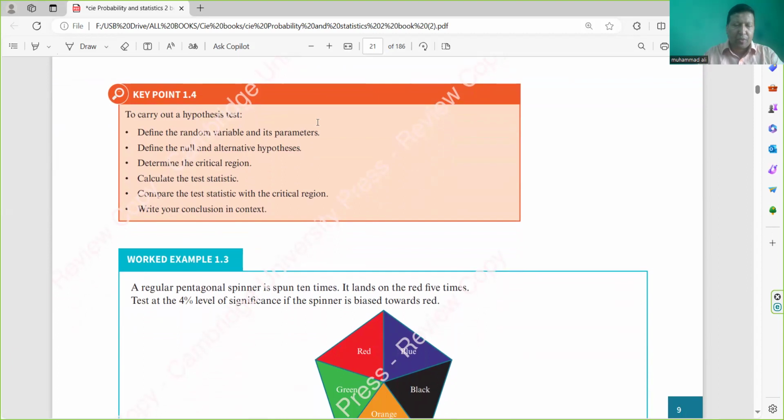Second, define the null hypothesis and alternative hypothesis. Third, determine the critical region. Fourth, calculate the test statistic. Fifth, compare the test statistic with the critical region. And finally, write your conclusion in context.